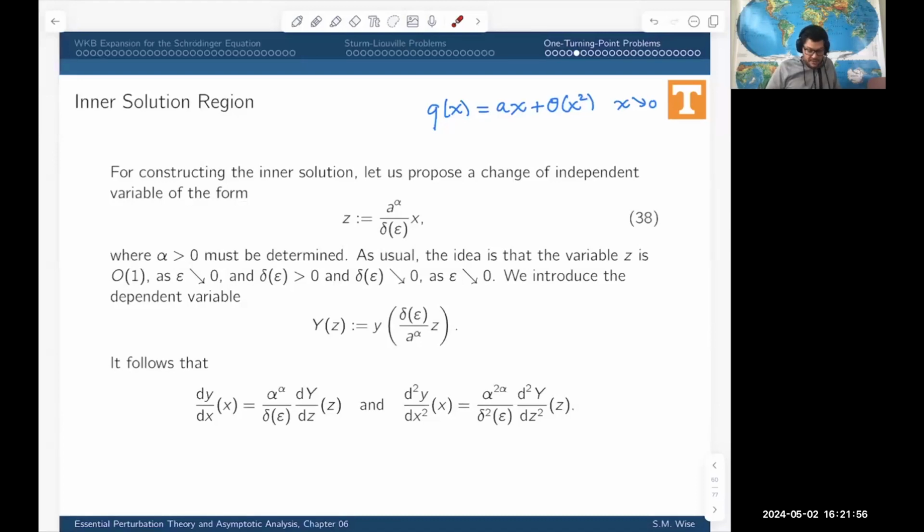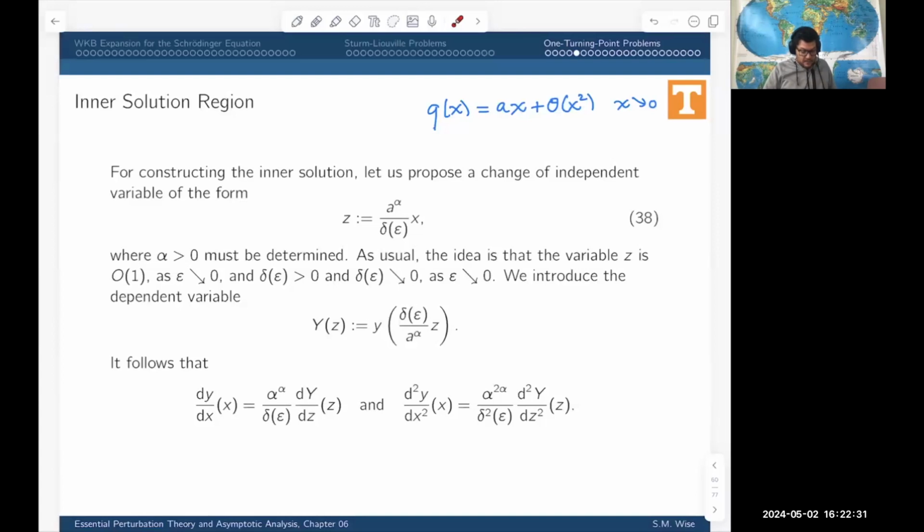So we're going to introduce the new dependent variable. Z is our new independent variable, our stretched variable. And so capital Y is defined through little y, the standard solution, via this change of variables. And as usual, we have to change our ordinary derivatives of y with respect to x into derivatives of capital Y with respect to the new independent variable z.